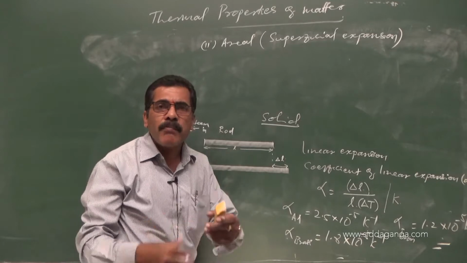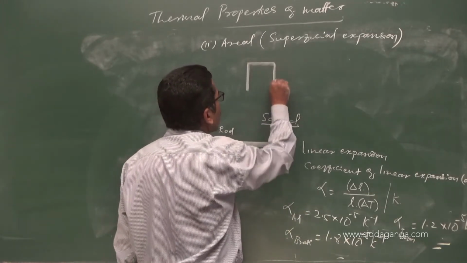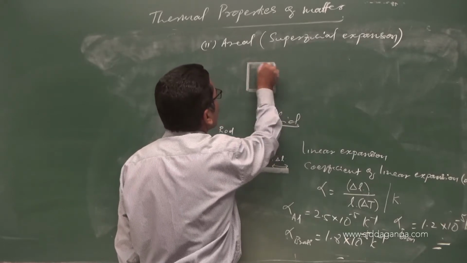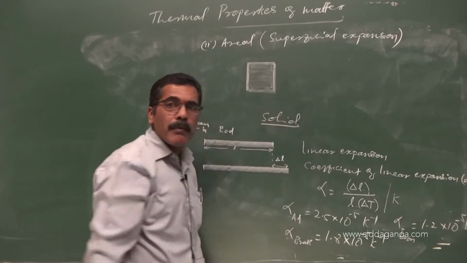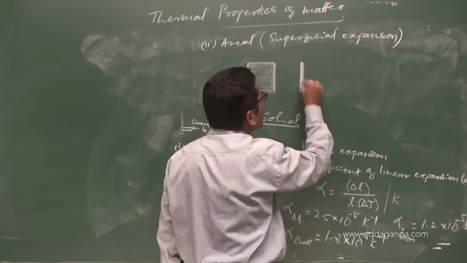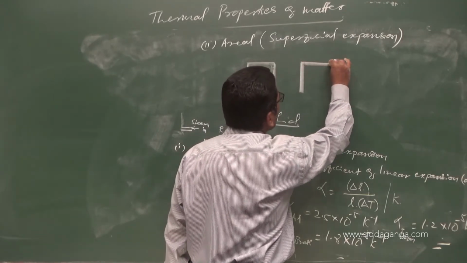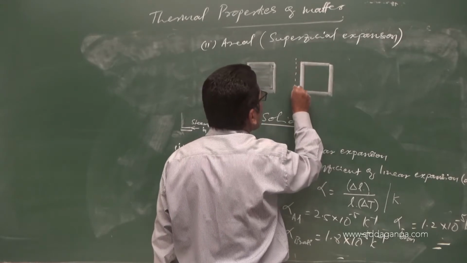So when heat is supplied to a metal plate, say we have a plate like this, a metal plate, there is a small change in its area.